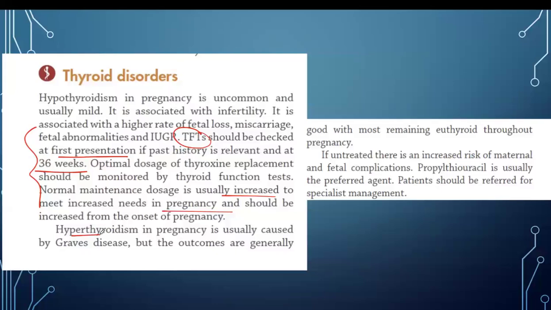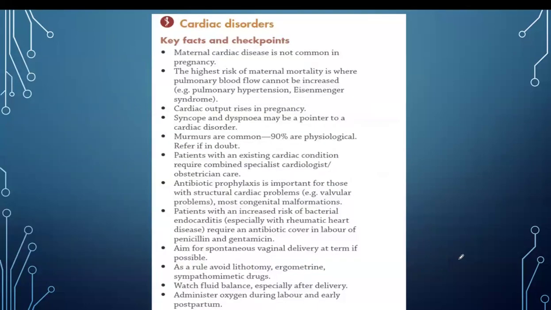For a non-pregnant hyperthyroid patient, especially with Graves' disease, the options are surgery, radioiodine therapy, and medication. Radioiodine is contraindicated during pregnancy, and surgery is usually not the best option in pregnancy if we can control the thyroid by medication, right?